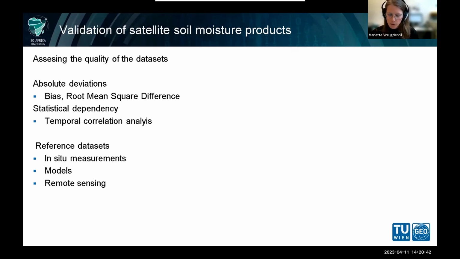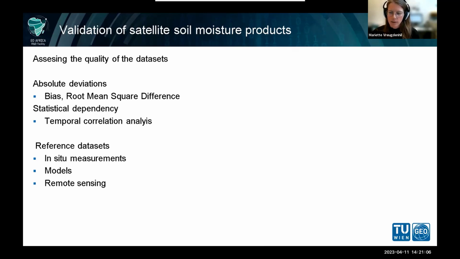An in situ measurement, for example, is a measurement that is representative for a couple of centimeters of volume of the soil, whereas, of course, our satellite measures a pixel of at least 500 by 500 meters, right? And even the very coarse resolution satellites go into tens of kilometers.